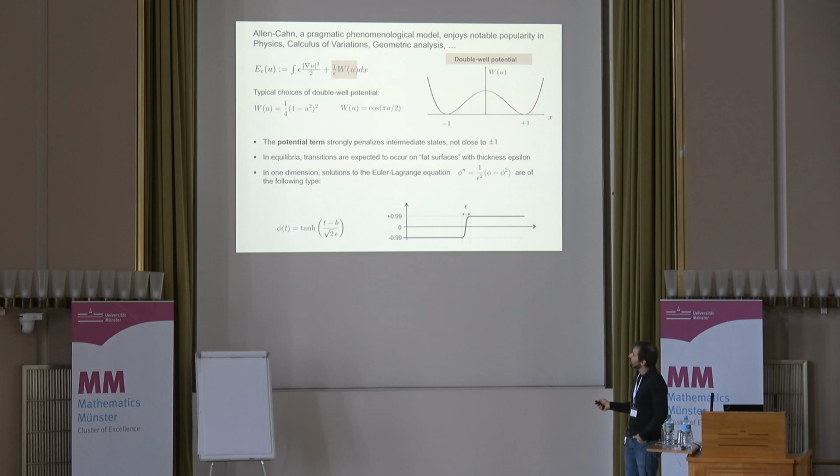And in one dimension, you can compute the Euler-Lagrange equation associated to this. You get an ODE, and you can even compute the explicit solution, and it does what you expect, right? It goes from -0.99 to +0.99 over a length of essentially epsilon.